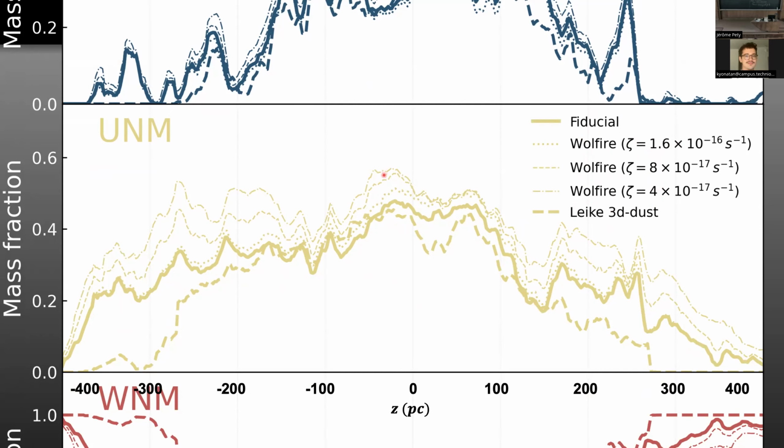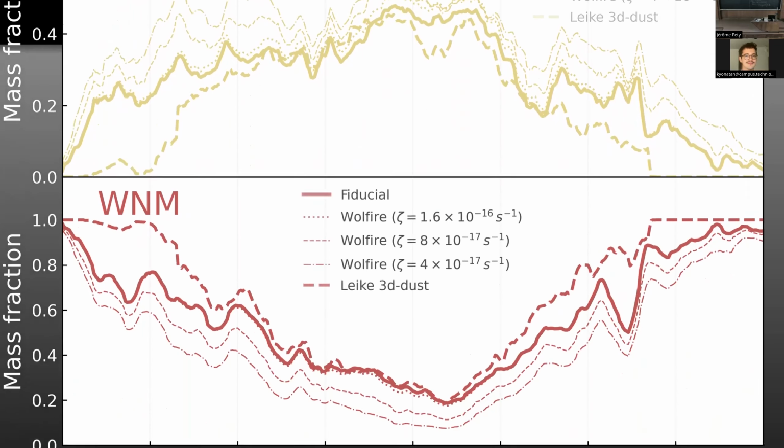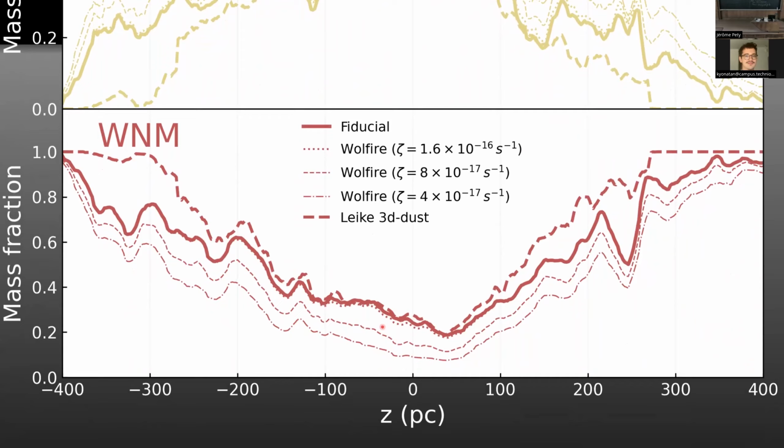UNM becomes more and more dominant, and they grow together, meaning that they take the mass not from each other, but rather from WNM. So it means that taking a different model and a different dust map does not really affect the results, and we still get this strange behavior of unstable neutral medium in the midplane of the galaxy.